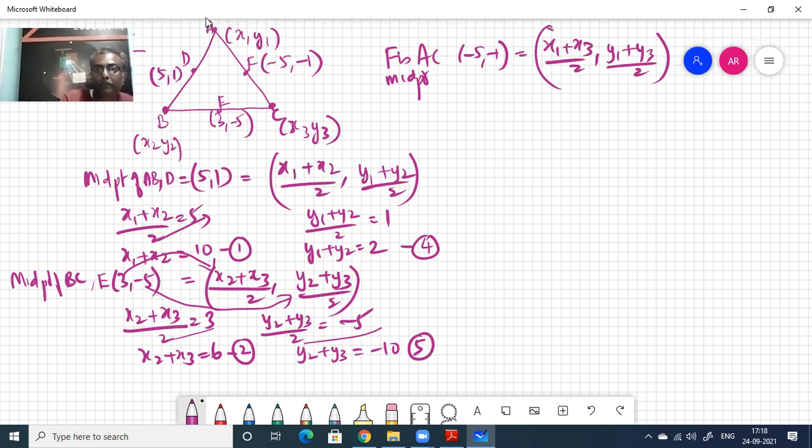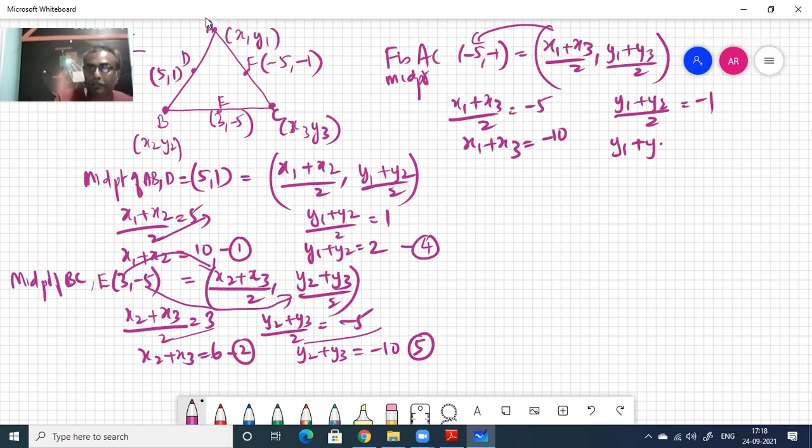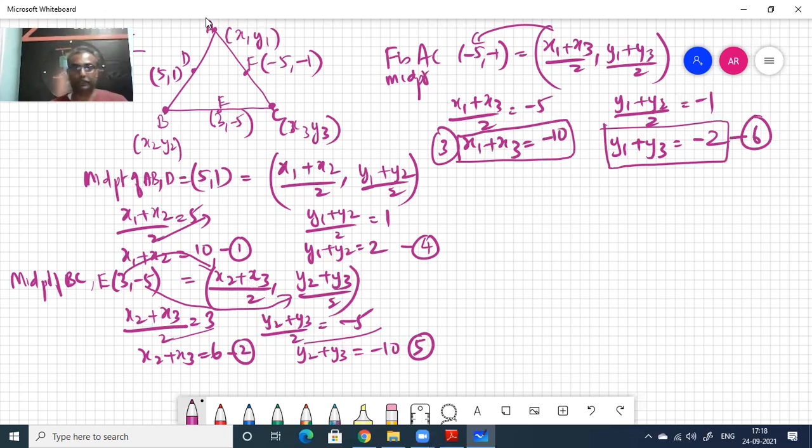That means (x1 plus x3) by 2 is equal to -5 and (y1 plus y3) by 2 is equal to -1. So x1 plus x3 is equal to -10, and y1 plus y3 is equal to -2. This is equation 3 and this is 6.